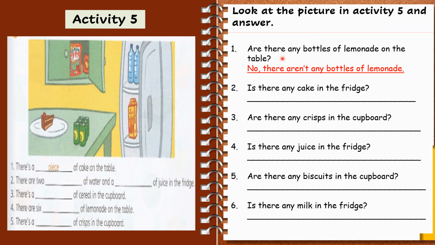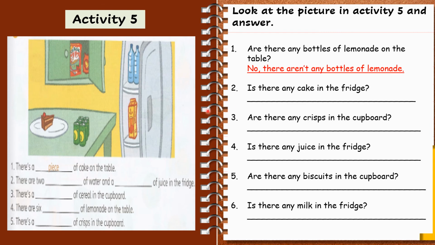So, you need to look at the question. Bottles of lemonade on the table. So, is that correct? So, look at the table. Are there any bottles of lemonade here on the table? No, right? So, you need to write the answer. No, there aren't any bottles of lemonade.